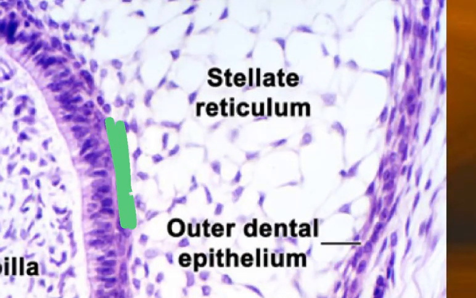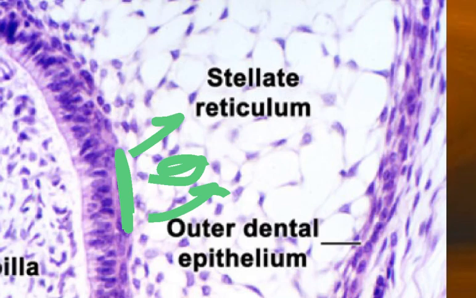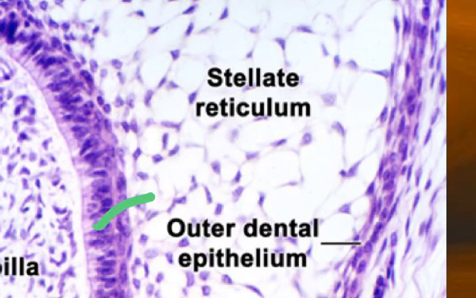They are also involved in the transport of material between the internal enamel epithelium and the stellate reticulum. So they bring oxygen and other nutrients to the internal enamel epithelium from the stellate reticulum, and they transport waste, carbon dioxide and other types of wastes toward the stellate reticulum from the internal enamel epithelium.